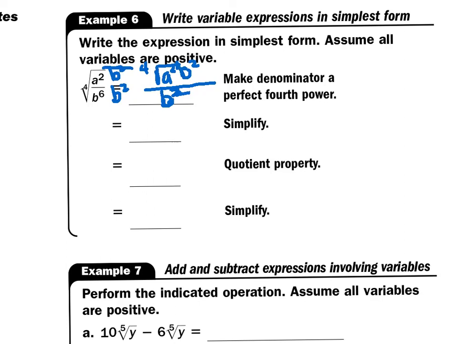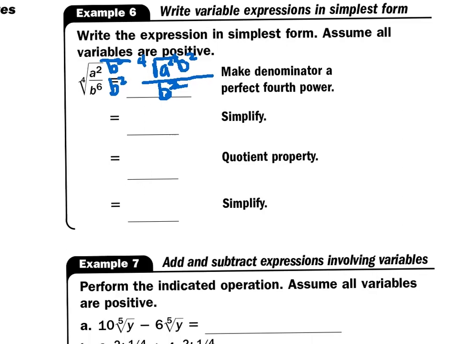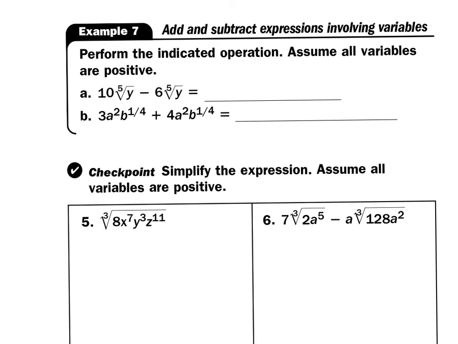All right, example 7. Okay, back to an easy one. So if I have 10 of something, I get rid of 6 of something, then I really have 4 of that something. 5th root of y.